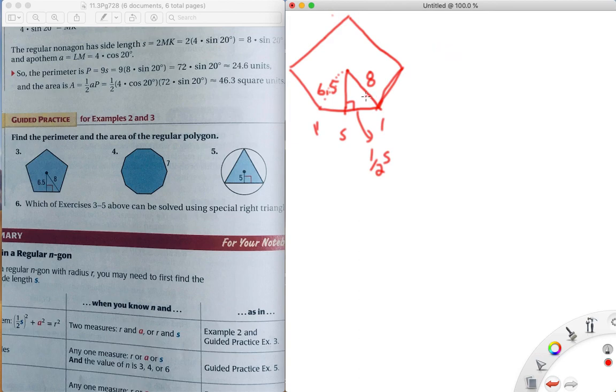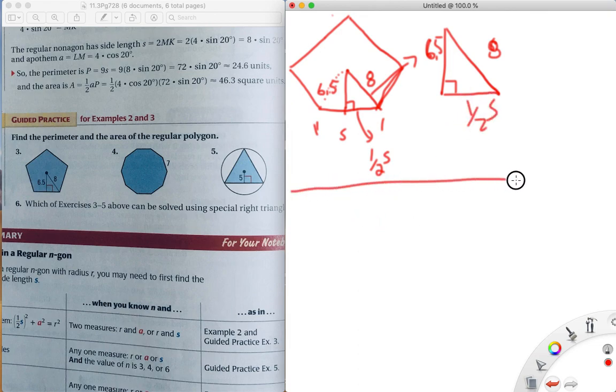So if I blow up this triangle a little bit, we have a hypotenuse of 8, one of the legs of 6.5, and then we have half of a side. So we can use the Pythagorean theorem to solve this.